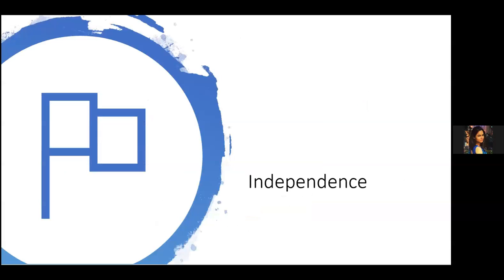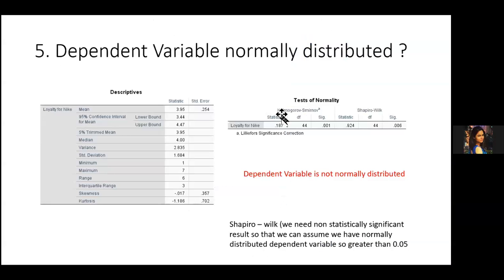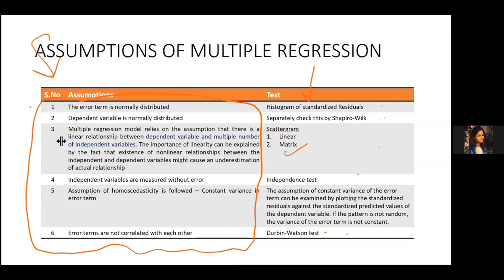Then there's one test called the independence test, independent observations, and then another is normal distribution. So you don't have to go through these tests, you don't have to run them. What you have to remember is only this: what are the assumptions of multiple regression? These 6 assumptions, only this.